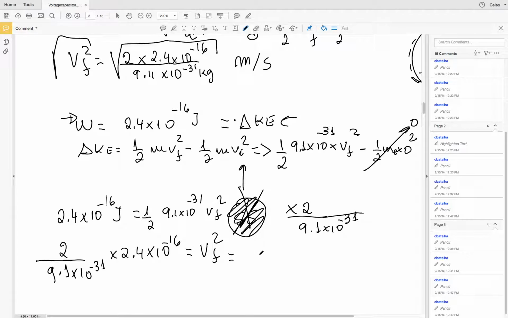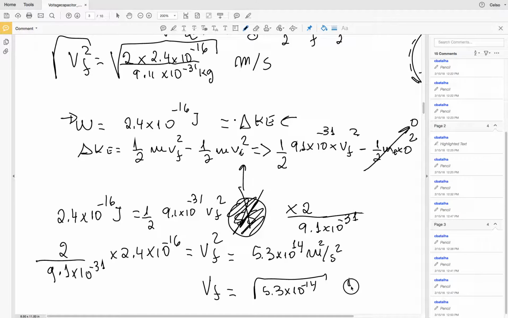Did somebody calculate that? It's 5.3 times 10 to the power 14, meters squared per second squared. Then we take the square root of both sides, and then we can solve the problem.